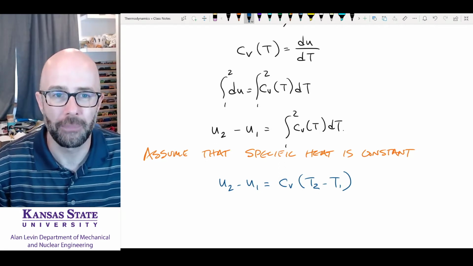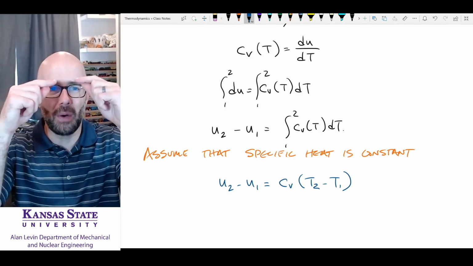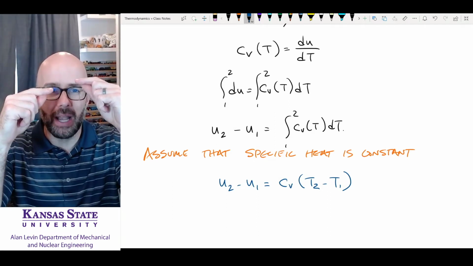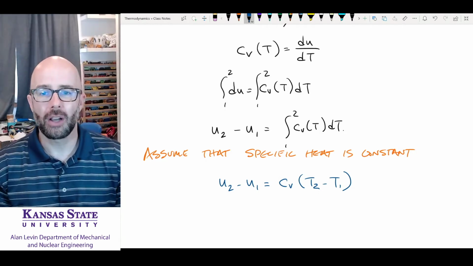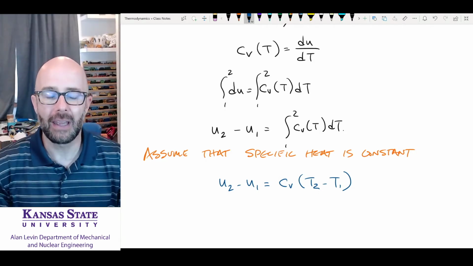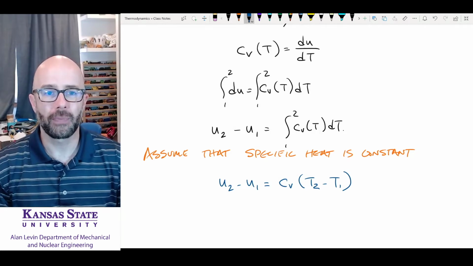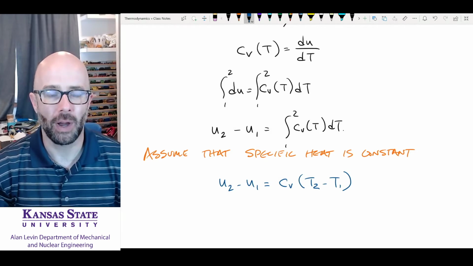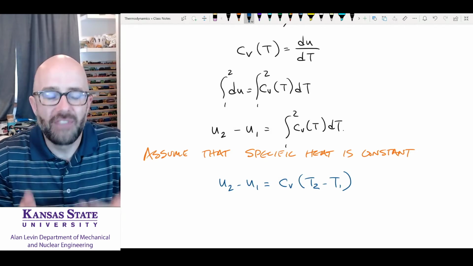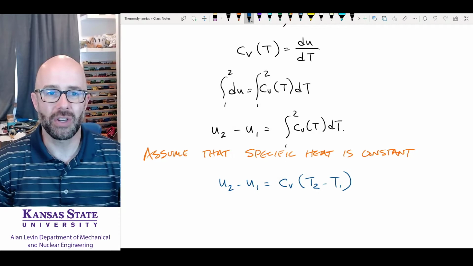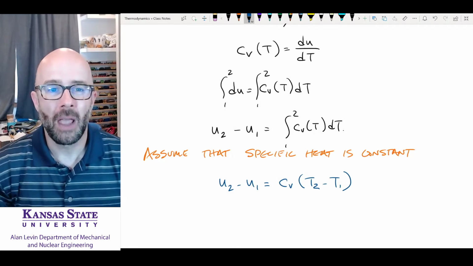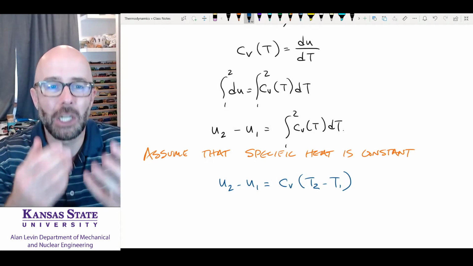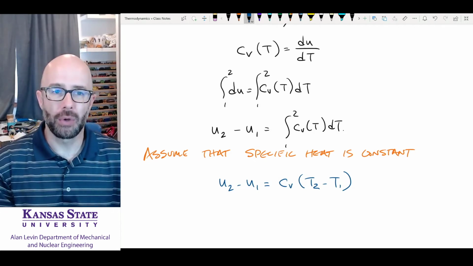Or we can say, we've already gotten a little bit of error, I now want to put in just a little bit more and assume constant specific heats, and calculate my values using this equation: U2 minus U1 is equal to C sub V times T2 minus T1. This is a very good equation, and it's going to get us really good numbers. But I want you to know what you're doing here. You are accepting a little bit more error as you go through your calculations.